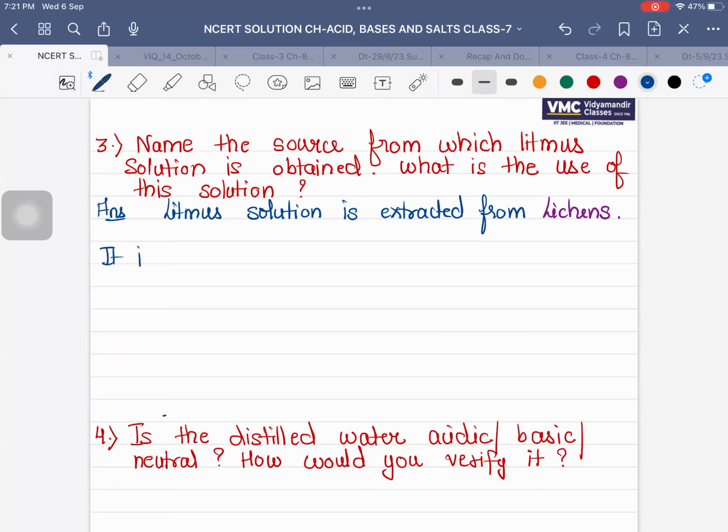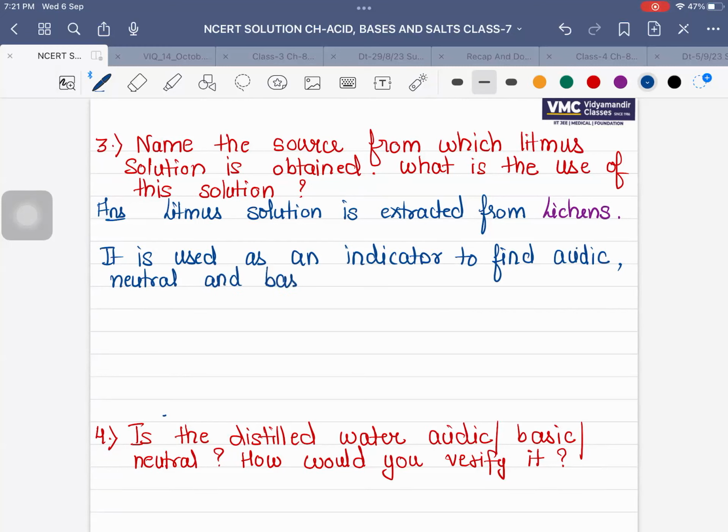It is used as an indicator to find the acidic, neutral, and basic nature of a solution.